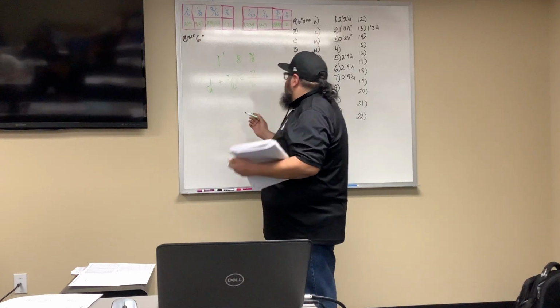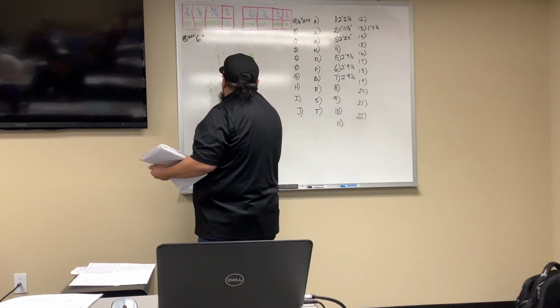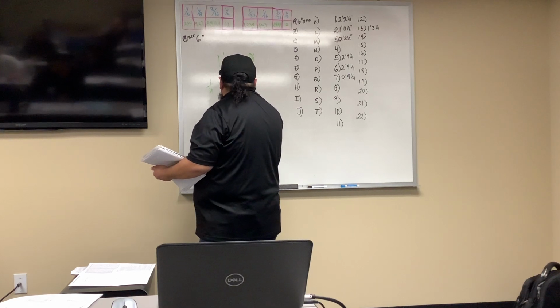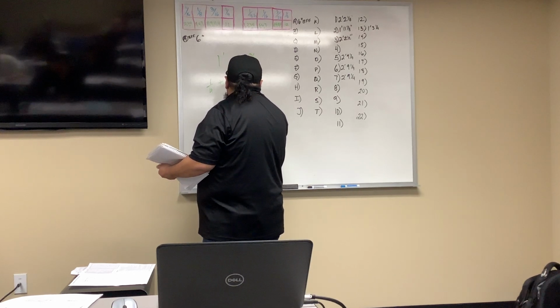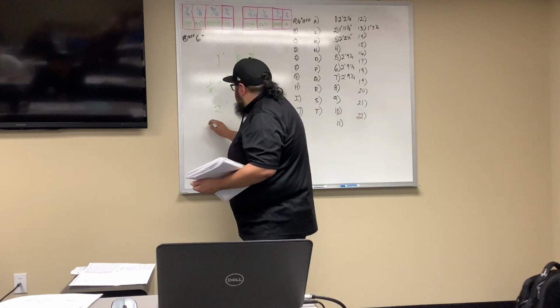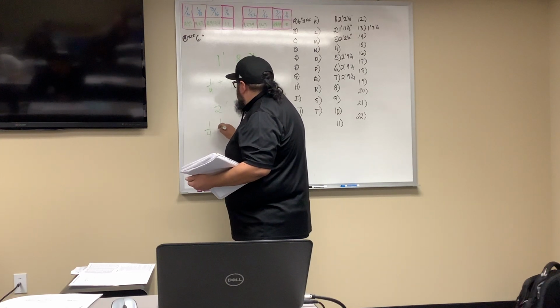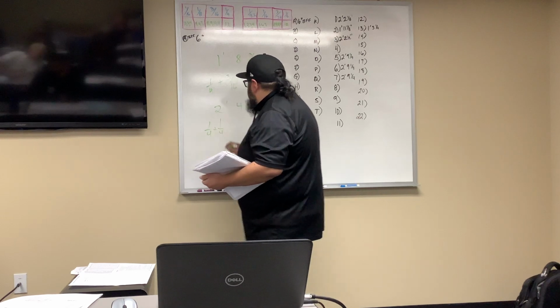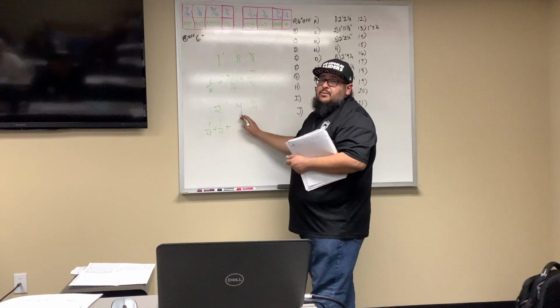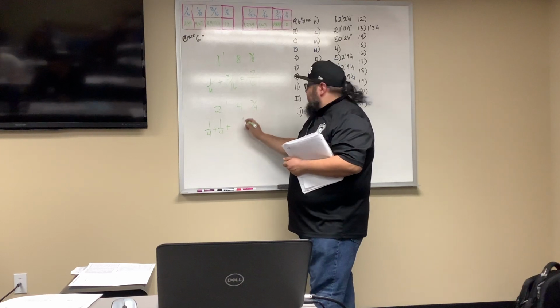So now if I wanted to do 2 foot 4 and 3/4, I would take 1/4 of an inch plus 1/4 of an inch plus, now what would I use? 16th, right.